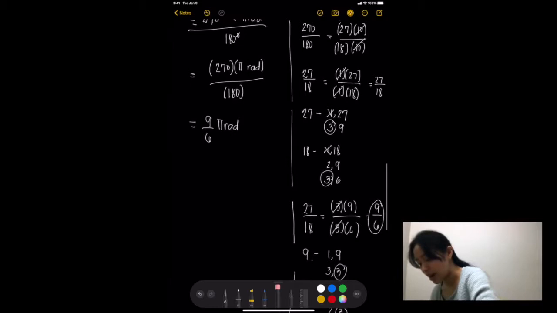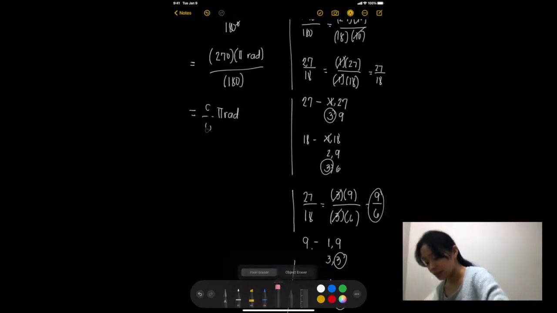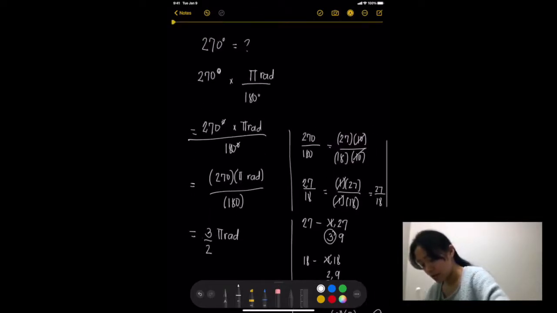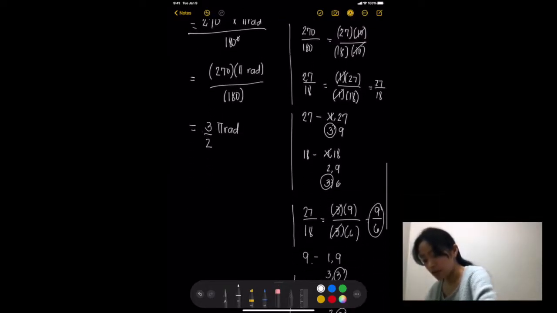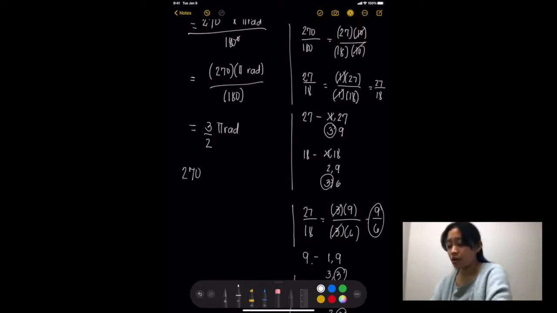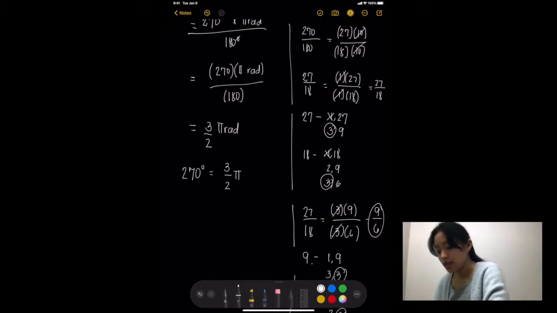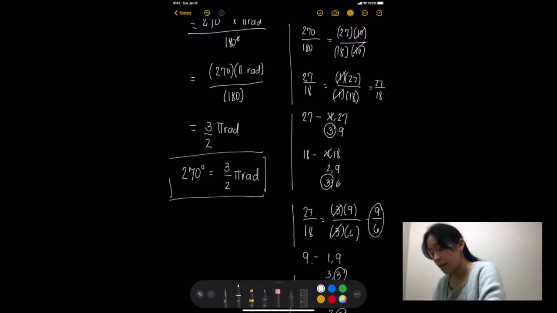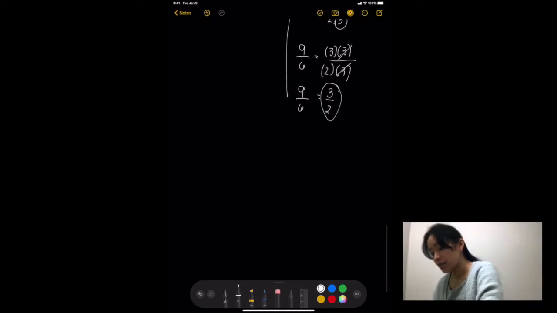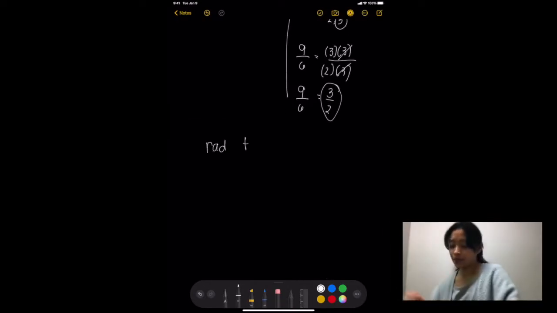Sorry, it's 3 halves. So we come back here to our conversion, and we know that 270 degrees is just equal to 3 halves pi radian. So this is our final answer.